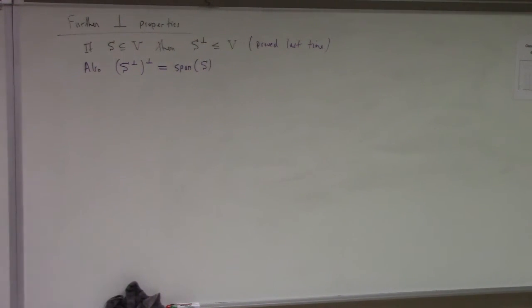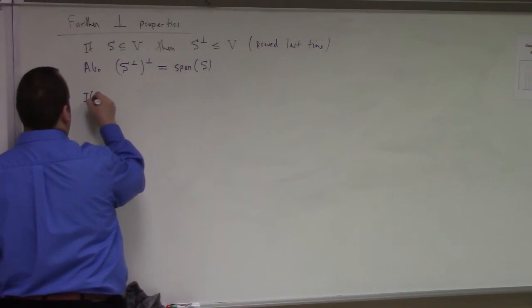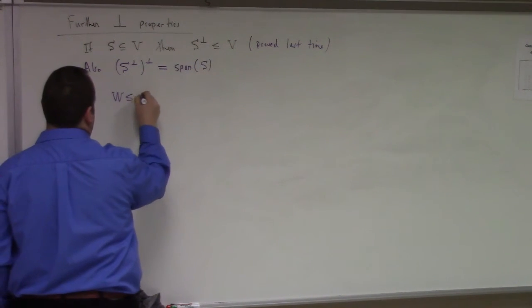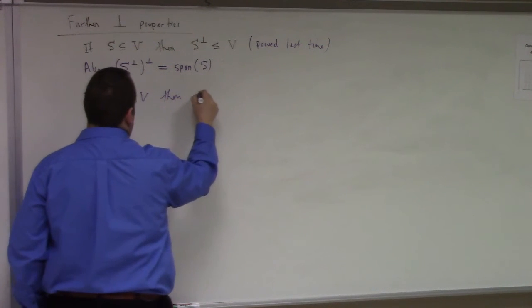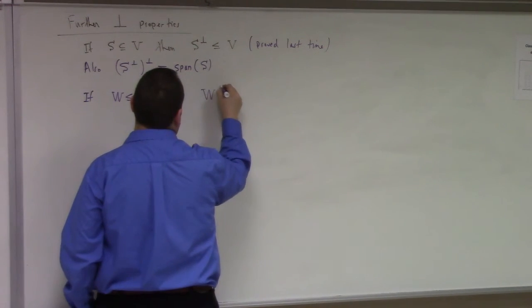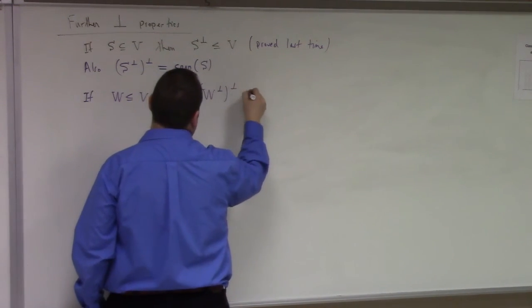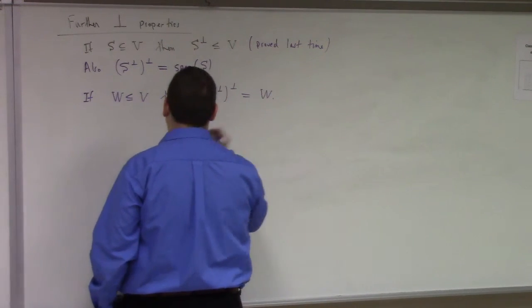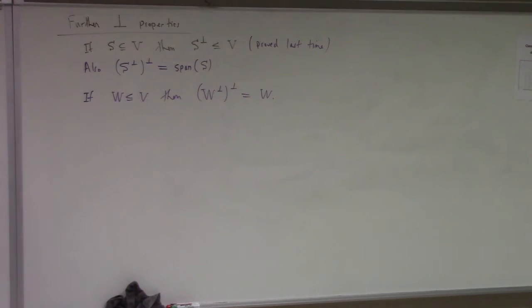Now, this is particularly simple if you have a subspace. If you have W, which is a subspace of V, then the perp just goes back where you started again, if you do it two times. But there's more.